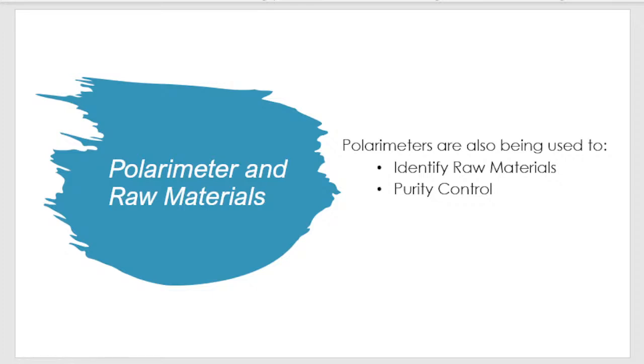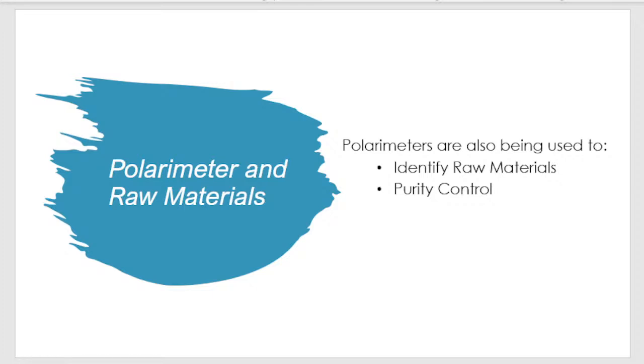So for example, if you're receiving a substance and the MSDS or some other document or certificate lists different properties, whether it be density, viscosity, refractive index, or in this case optical rotation, then with each of these characteristics you can use a different instrument to verify. If one of those characteristics is optical rotation, you can use a polarimeter to verify that the substance you got is what the document says you got.